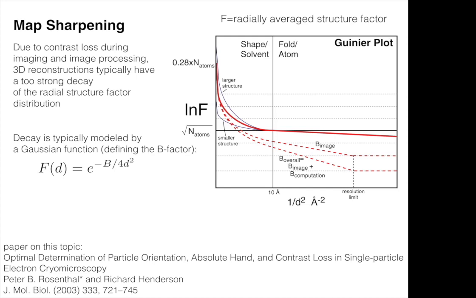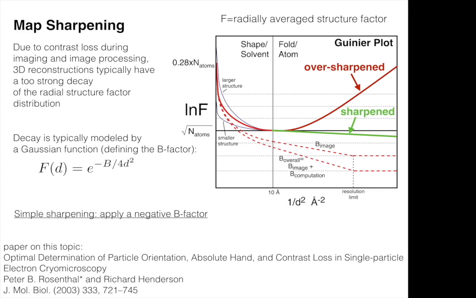If you do this, then you're basically pulling up high frequency information and putting more weight onto the high frequency terms in your density map. So ideally, you want to have a distribution that looks like this, where you have very balanced contributions from all the different structure factors.